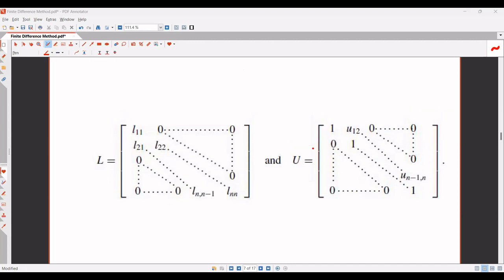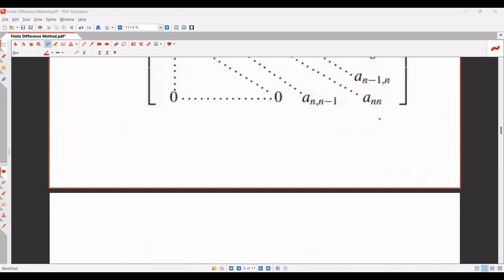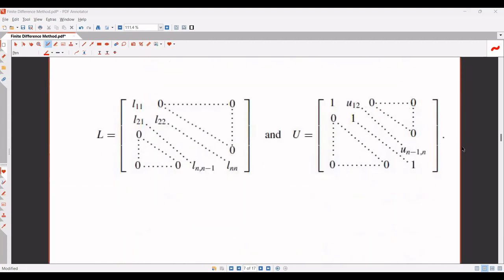What we can do is consider the diagonal of the U matrix all ones and the upper triangular values non-zero. And for the L matrix, the lower triangular entries are all non-zero, including the diagonal, and the rest of the entries in both matrices are zero.